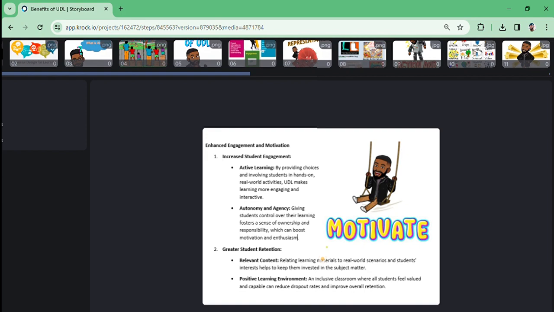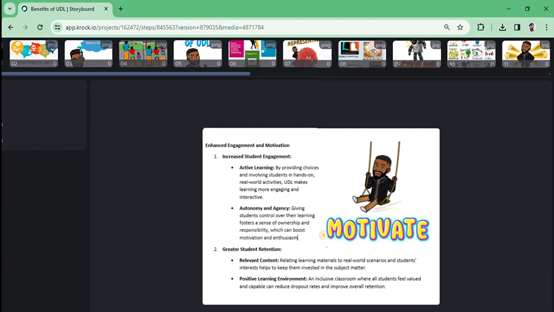Another benefit of UDL is to increase students' engagement, and also greater student retention. So here students are more motivated in the learning environment. And we have students taking ownership of their own learning, and this will boost motivation and enthusiasm in the learning experience.